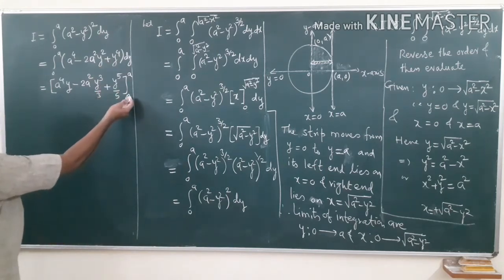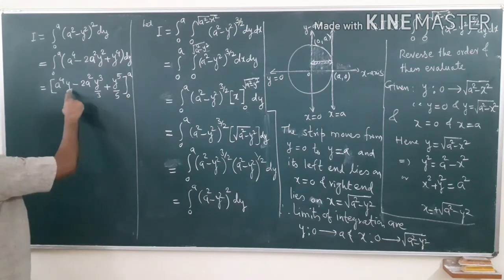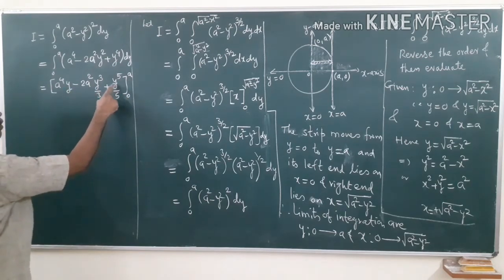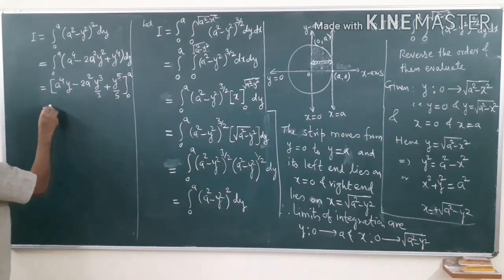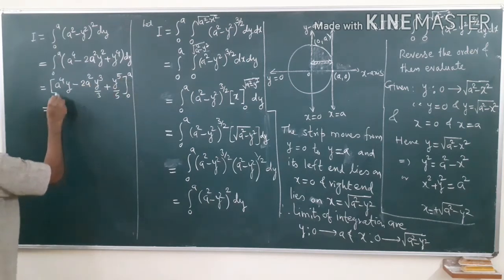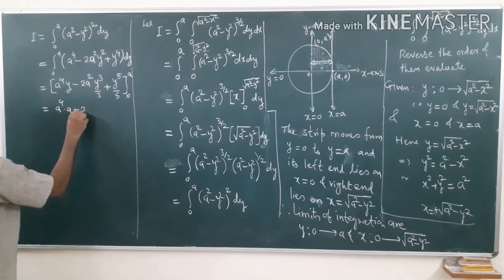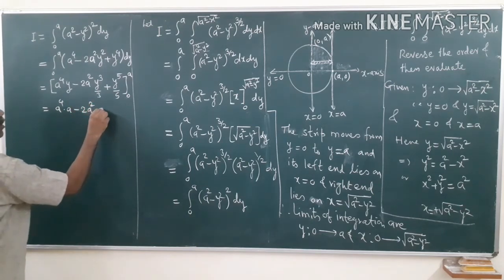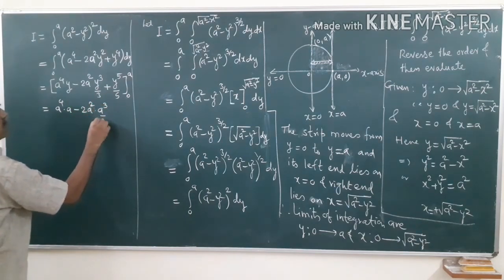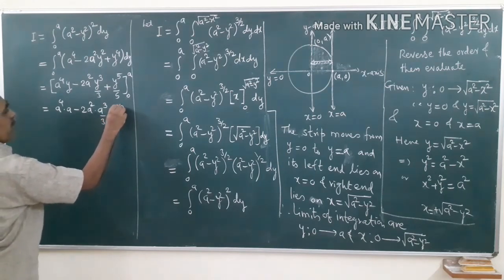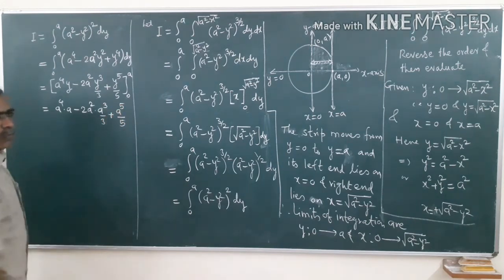Now upper limit minus lower limit, no question of the lower limit, because everywhere there is y and the value will be 0. So just put a everywhere: a raised to 4 into a minus 2a square into a cube by 3 plus a raised to 5 by 5.